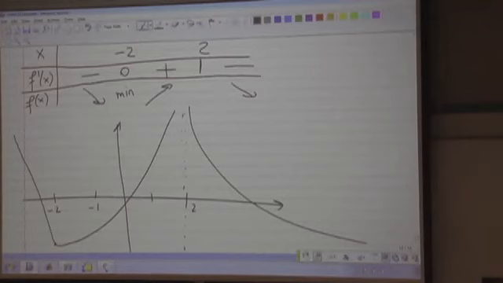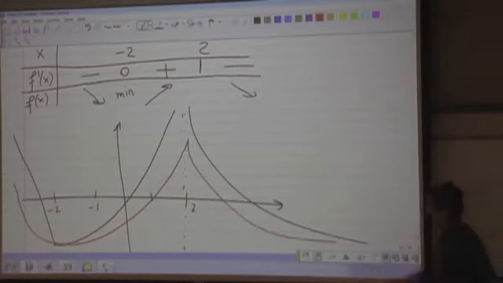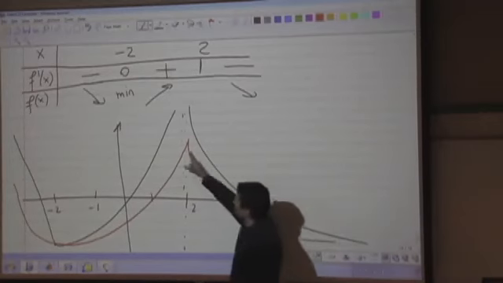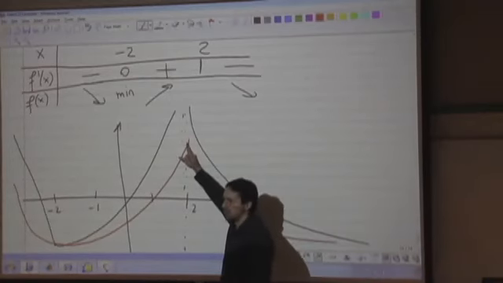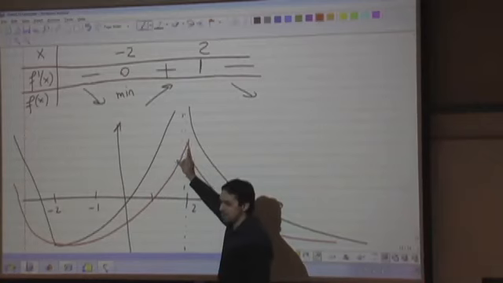Okay, let me just say one thing. This problem says find a particular graph. They don't have to be the same at all times. I could easily have a graph that looks like this, with a maximum at 2, but a cusp at 2, which means my first derivative doesn't exist, yet my function actually does exist.